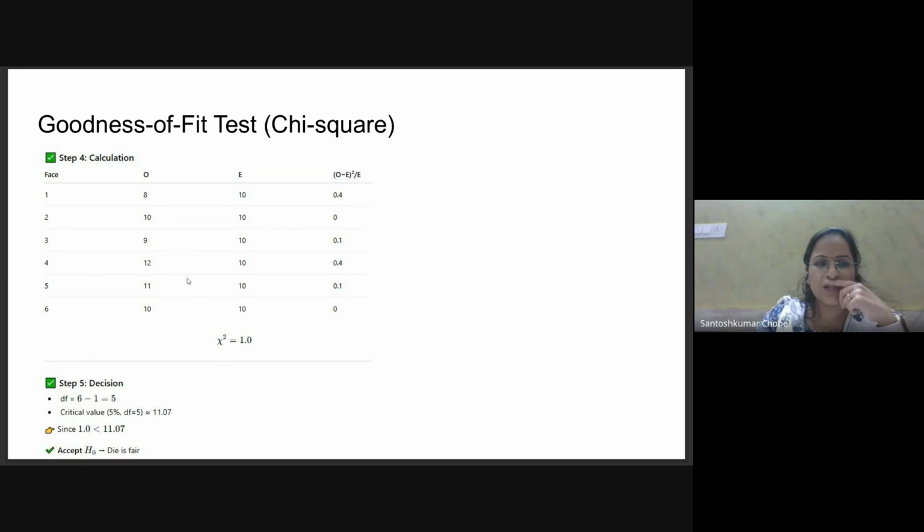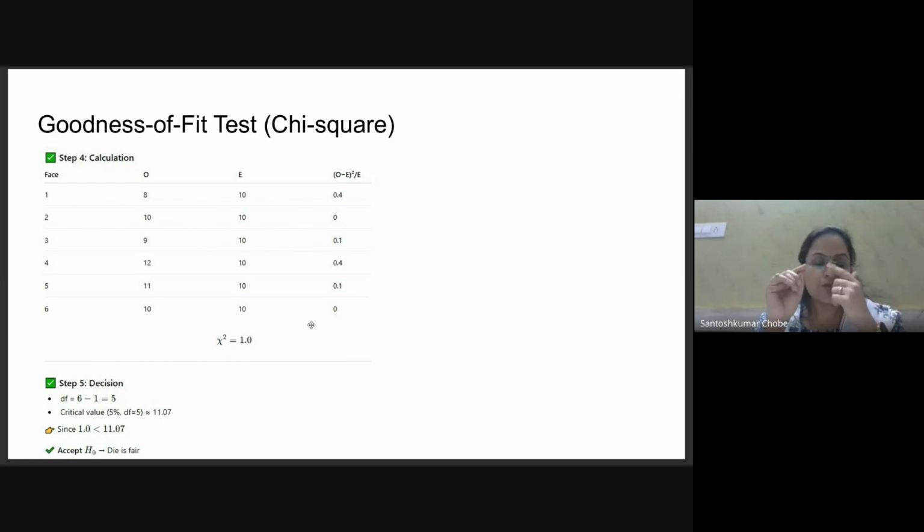Am I right? So what am I supposed to do in this case? My test statistic value is lesser than the critical value, so I will be accepting my H0, right? And I would say that the die is fair.